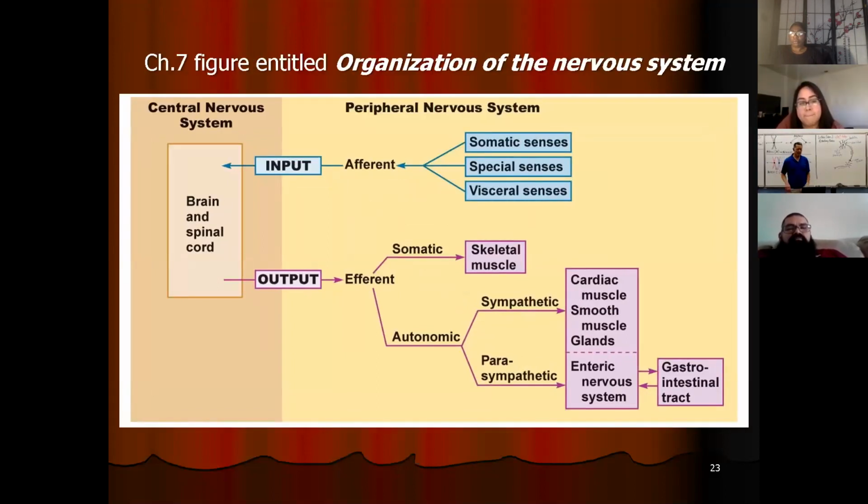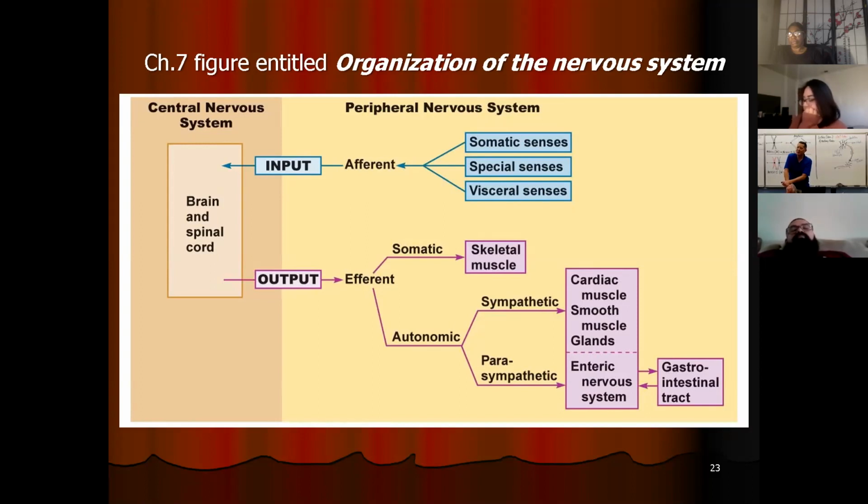Also, you'll see these terms afferent and efferent. Afferent means sensory, efferent means motor. And that should give you a help on English papers between whether you should talk about something being affected or something being effected.